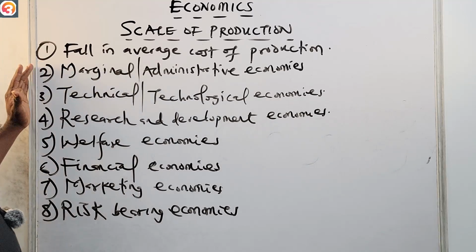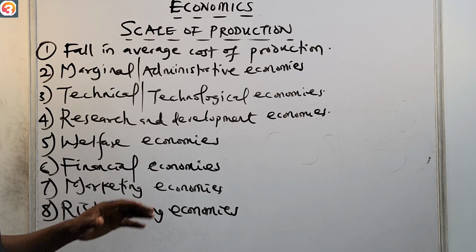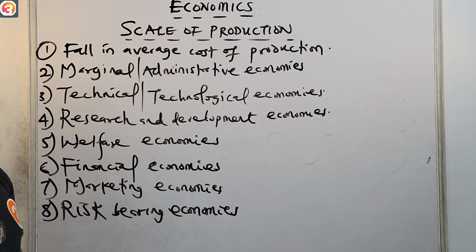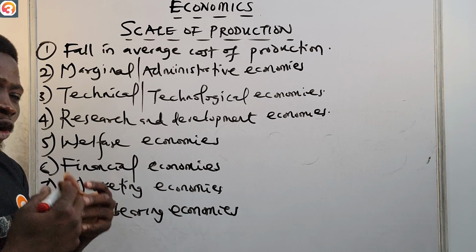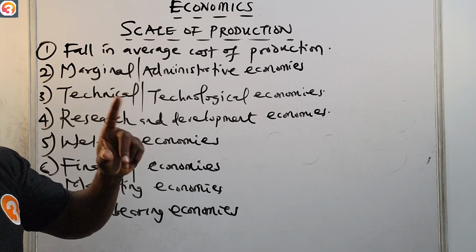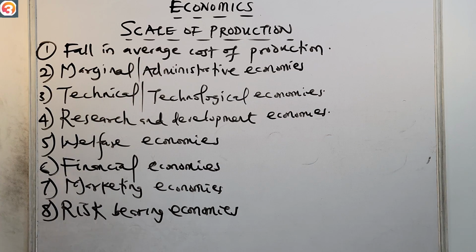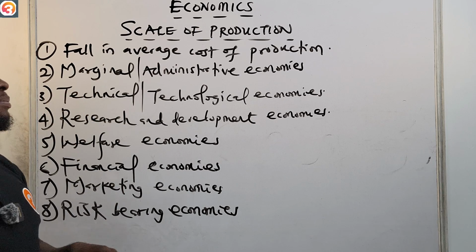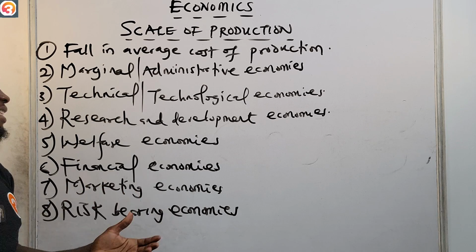So these are all the advantages, the internal economies of scale, that firms enjoy. These are cost-saving advantages that they enjoy when they operate on a large scale. One among all of them that is very important is the fall in the average cost of production. They also talk about managerial or administrative economies, they can hire the best hands.